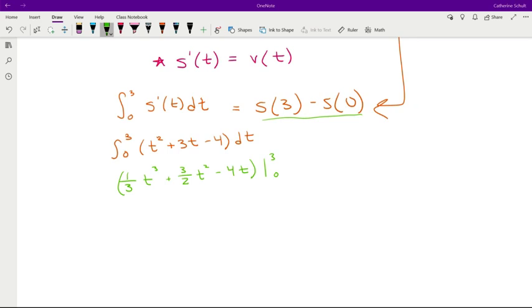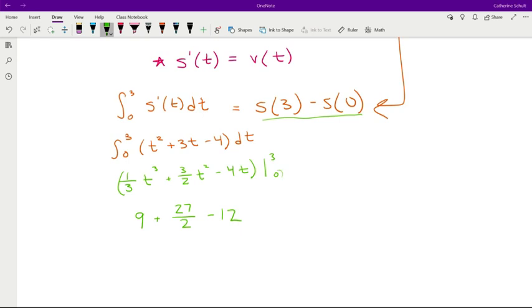When we plug in 3, we're going to get 3 cubed divided by 3, which is 3 squared, plus 3 halves times 3 squared. So 3 times 9 is 27. And then minus 4 times 3 is minus 12. And when we plug in the 0, we're just going to get 0.